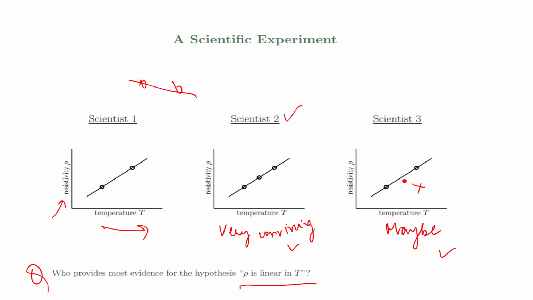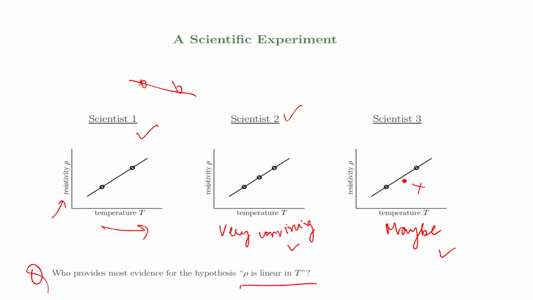So I could have fitted not just a line, but any other curve here, any complex curve, and that would have again proven that theory. So in case of scientist 1, although they have not falsified this theory, they have not provided any evidence whatsoever whether this is right or wrong.